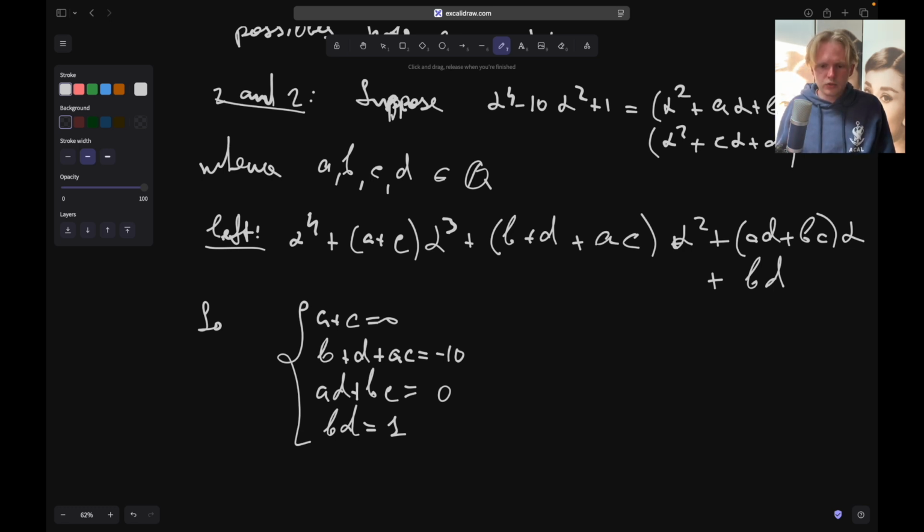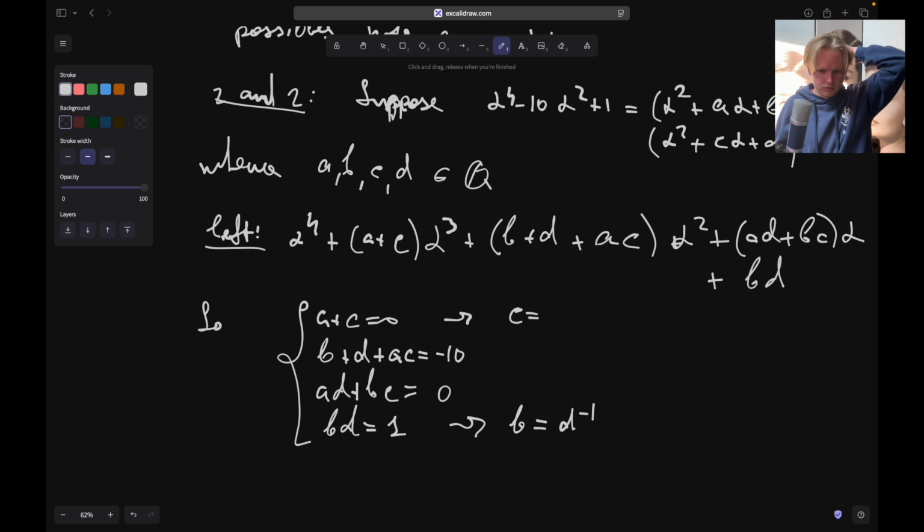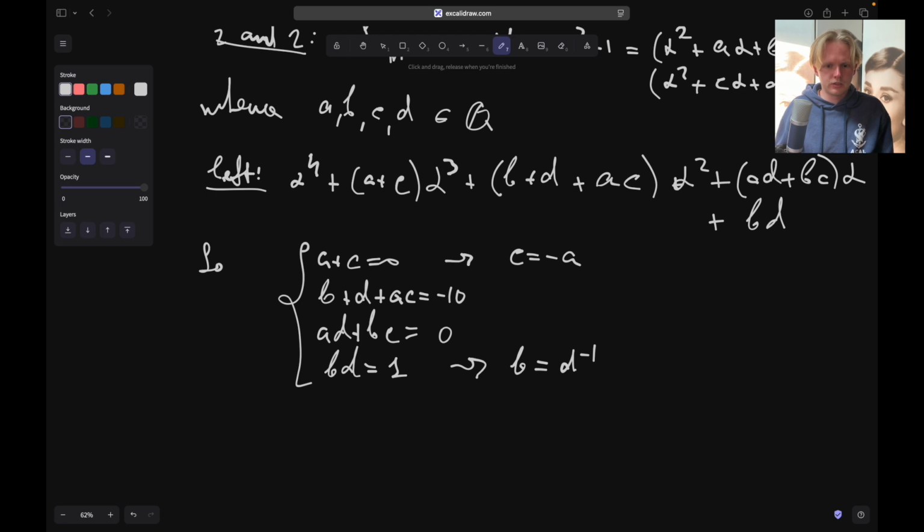So I propose to call, did we get everything right? Yeah, probably. So I propose to call b equal to the inverse of d, and to call c equal to minus a, and we plug it back, we get 2 more equations.